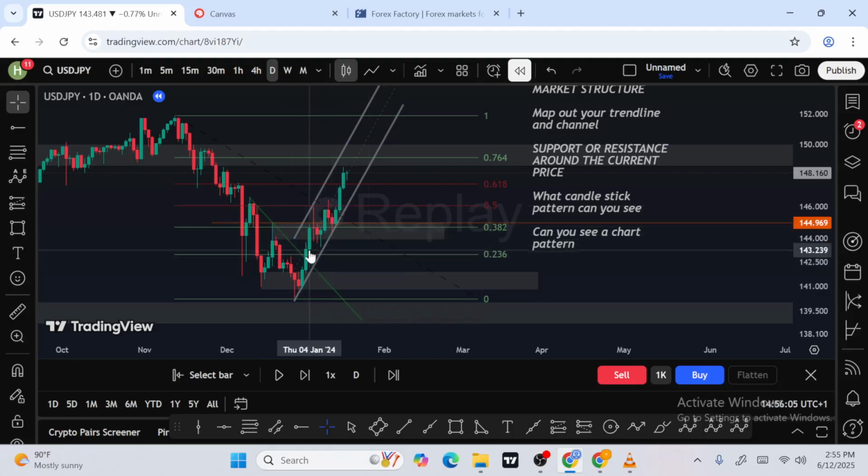Now look at this. Did it close above it? Did it go to the next? Did it close above it? Did it go to the next? Yes. Did it close above it? Did it go to the next? Did it close above it? I'm expecting it to come to the next one at what? 76.4. Are you getting it now?